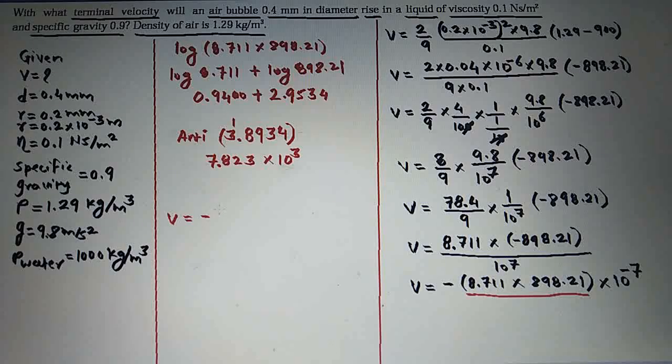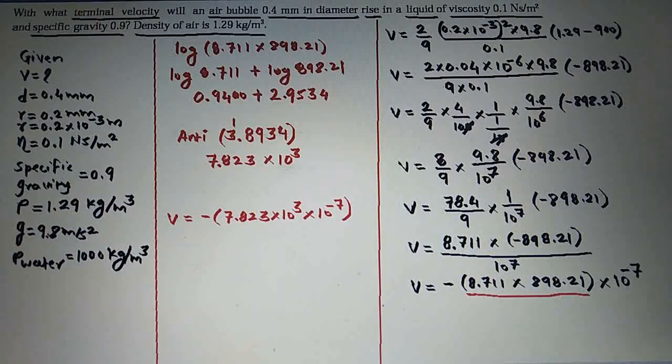Now if we write the answer here, then we can write V is equal to minus of 7.823 into 10 raised to 3 into this 10 raised to minus 7. Then we can write V is equal to minus of 7.823 into 10 raised to 3 into 10 raised to minus 7.